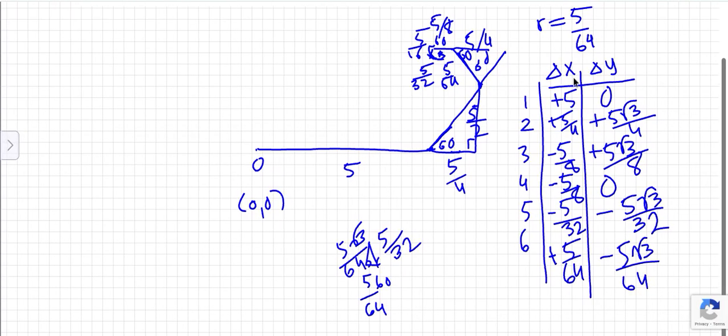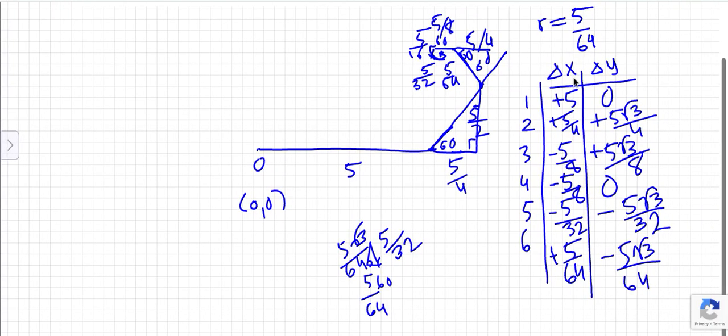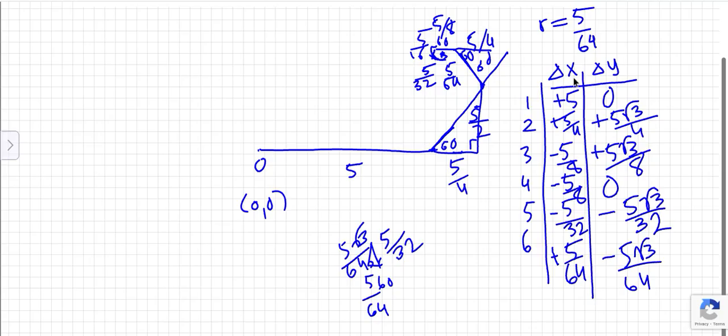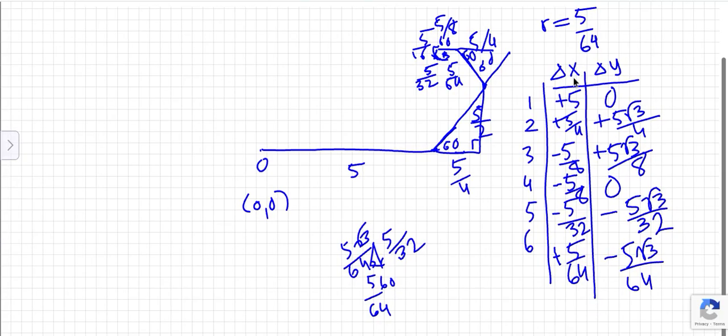So now what we can do is we can just add all these 6 steps to find the total change in x and y for the first 6 steps. So doing that quick math here, I get that this sums up to 315/64.